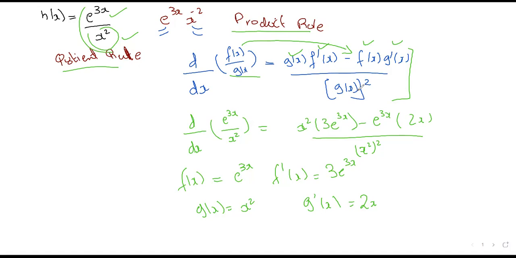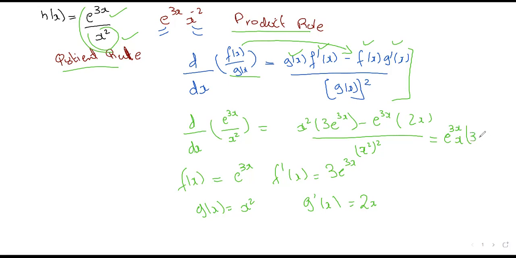Perfect. Okay. Now let's move on. Are we supposed to simplify it further? Yes, we are going to simplify it, definitely. So, let's take e to the 3x and x common.